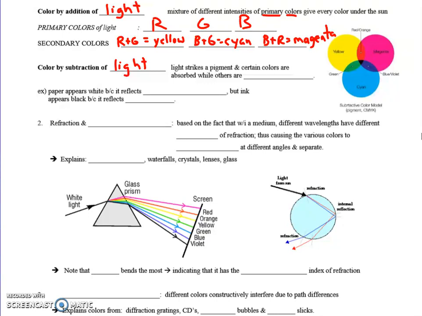What they do, though, is they will absorb particular frequencies or wavelengths based on a resonance effect, and others are reflected. Okay, so for example, this paper or the paper you're looking at appears white because it reflects all colors, but the ink itself appears black because it reflects none of them. Right? So that's the simplest case of that.